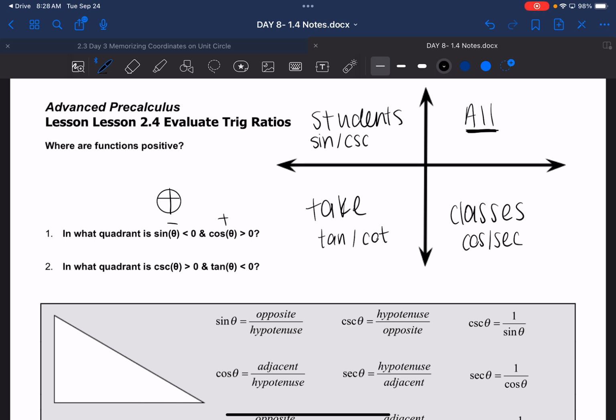Where is it negative? Quadrants 3 and 4. Okay, so we know it's got to be in the bottom half. Okay, and then for cosine, they want to know where cosine is positive. Where is cosine positive? 1 and 4. So the only overlap here is at 4.